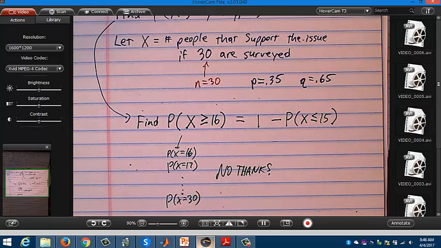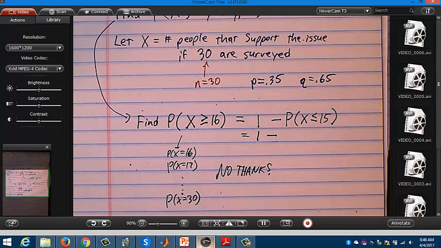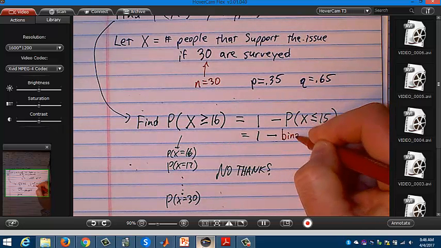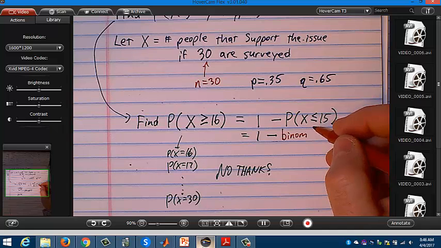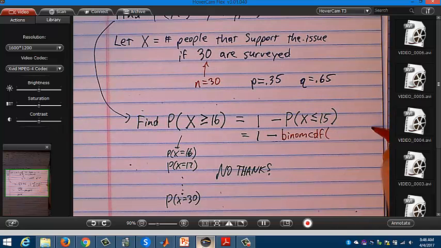And so this is where I'm lucky, because I have a way of computing that. This equals 1 minus, what are we going to write down? Binomial what? CDF. And what are going to be the little things I need?